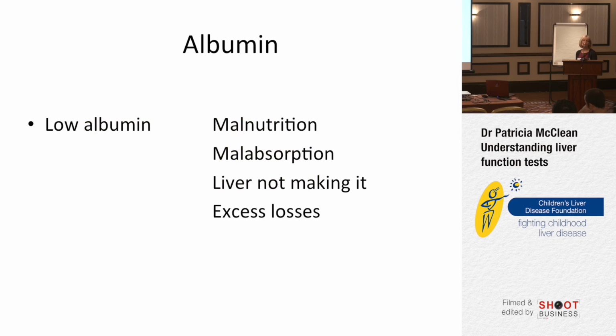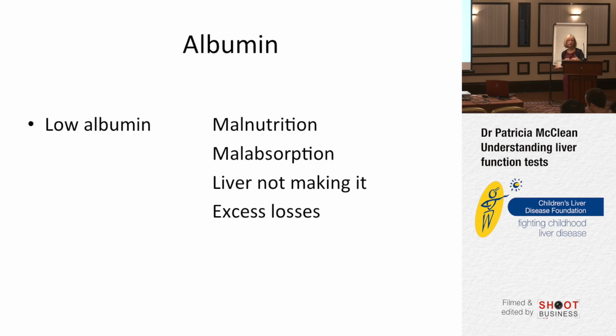But the trouble is that albumin can be low for other reasons, in liver disease in particular. You can get a low albumin because you're not eating well, you're vomiting, you're malabsorbing, and you're not getting enough protein into your system. So that's malnutrition and malabsorption. Or perhaps you're getting enough protein in, but the liver is not able to synthesize that protein into albumin.